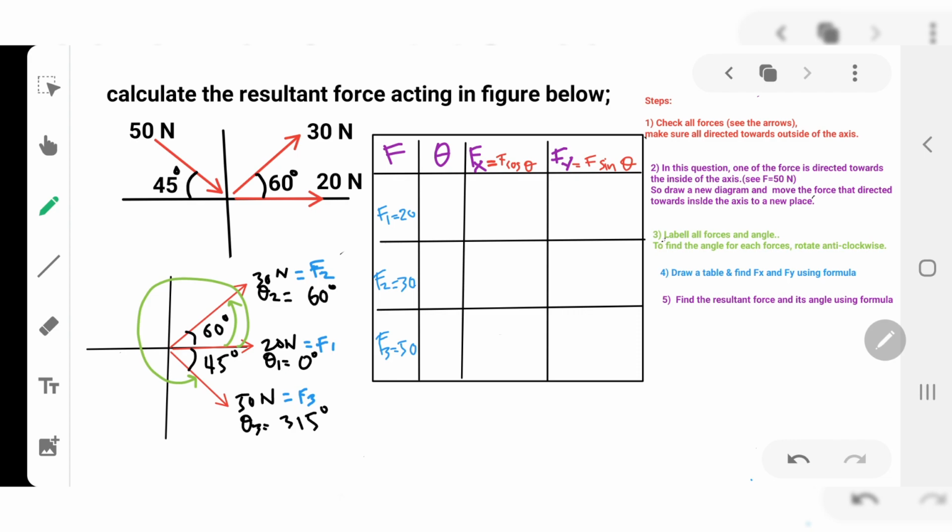Force number 1 equal to 0 degree. Force number 2 is equal to 60 degree. And force number 3 is equal to 315 degree.